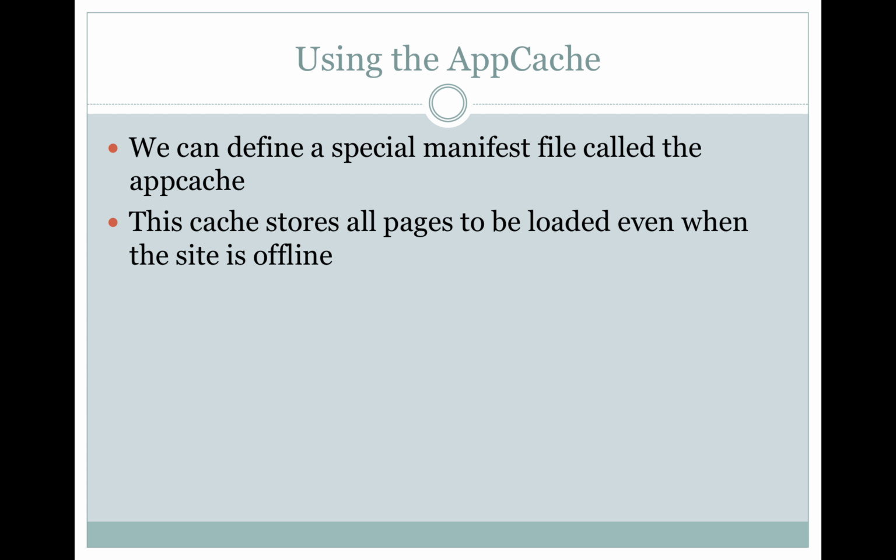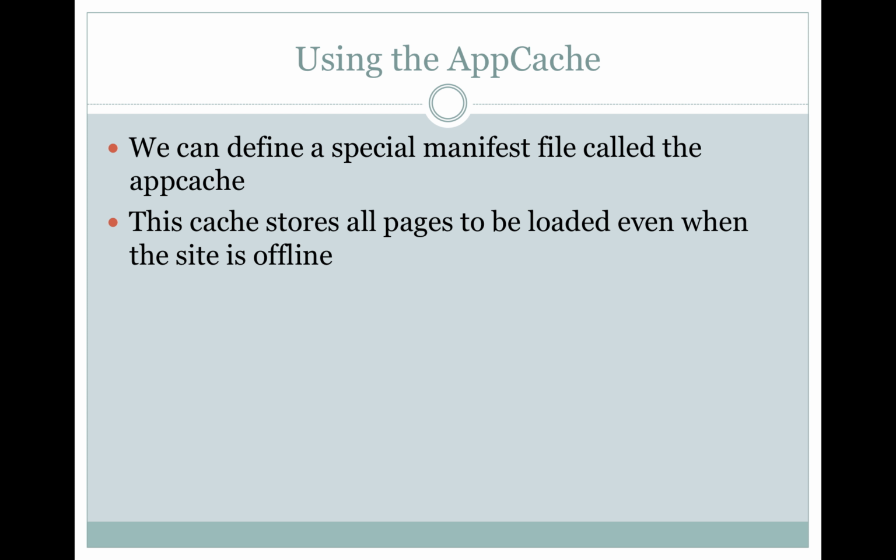It's pretty neat for some cases. It's not super widely used, but it's fairly simple to implement. If we create an app cache manifest file, we simply add it in our HTML tag, and we provide the URL to it, and it defines all of our options.